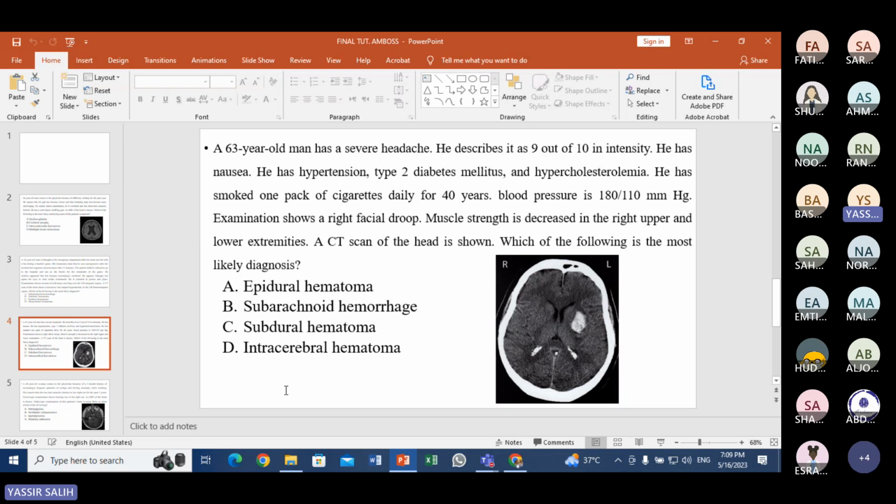But sudden severe headache is the most important symptom. Yes, usually associated, because the patient may have hypertension sometimes, or other risk factors.